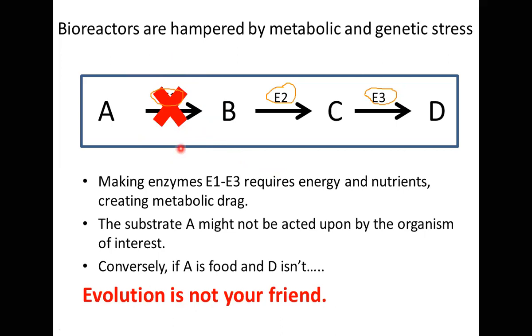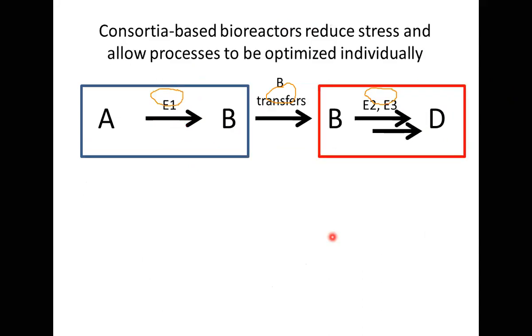If there is a mutation that takes out one of these particular steps, the cell that has that mutation is going to have an evolutionary advantage in the culture of your group of cells. And when it has that evolutionary advantage, it's going to wind up predominating in culture, and your yield of product D ends up being low. The majority of cells would end up being those that have mutated away this entire process. So that's what I mean by saying evolution is not your friend.